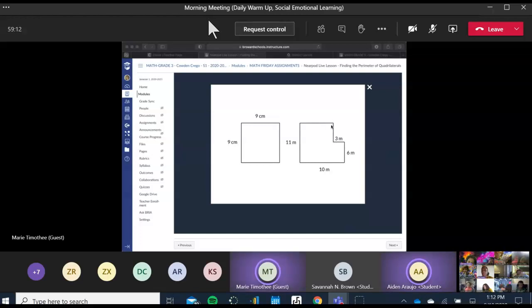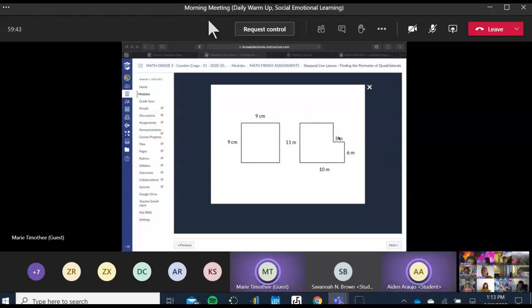When we look over here to find this, we see that this is 10 meters. If this was as long, it would be 10 meters as well, but it's not. It's actually cut off, and this corner right here is 3 meters, right? By doing 10 minus 3, which would give me 7.